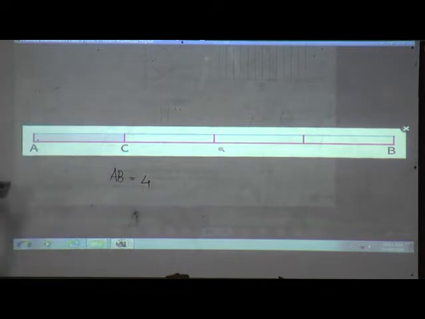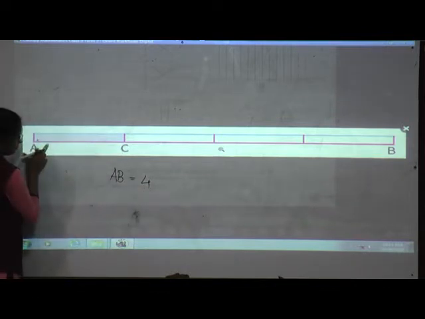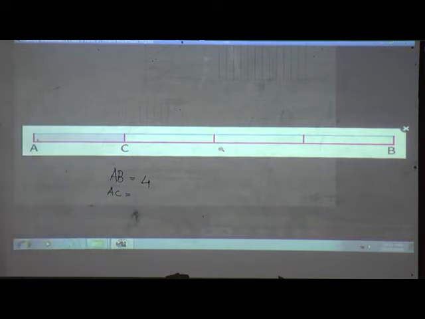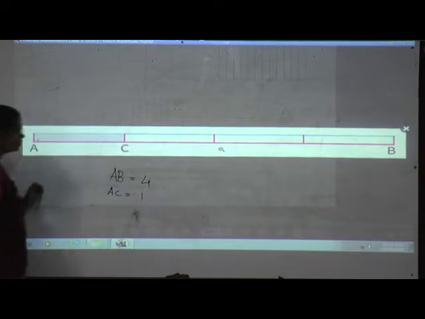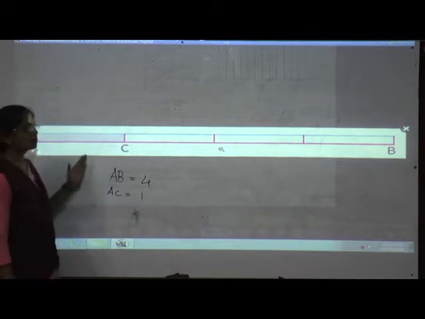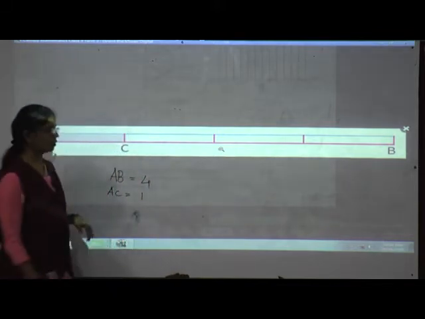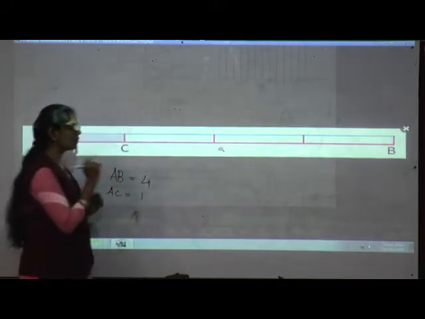Now see students, here AC. How many parts are there in AC? AC means only one part. So AC is equal to 1. Now I have to write the fraction of this strip, or fraction of this figure.